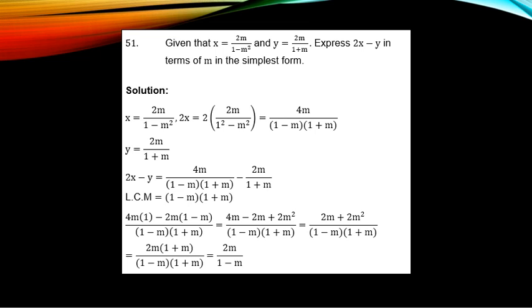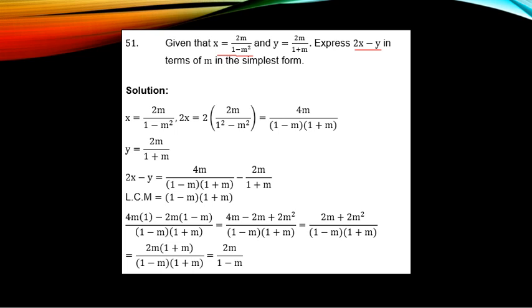Example 51. Given that s is equal to 2m/(1 - m²), and y equal to 2m/(1 + m). Express 2s minus y in terms of m in the simplest form.